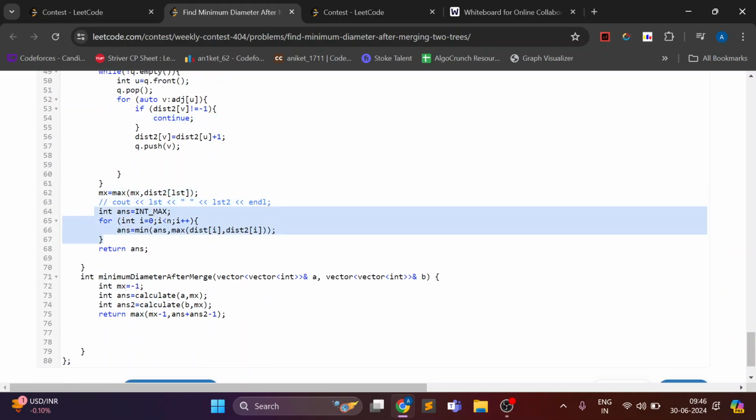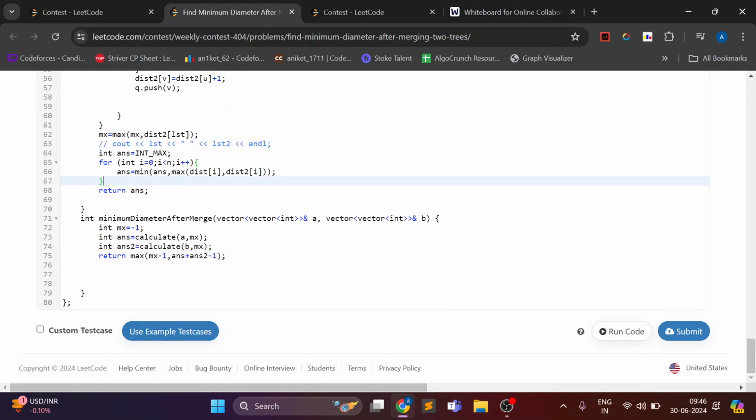Now I will iterate over all the nodes and find the minimum of the max of the distance of that node from LST1 and its distance from LST2.